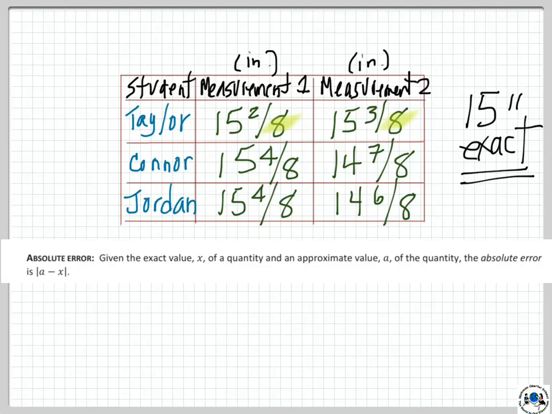Now here's absolute error again. Okay, so we can go ahead and calculate absolute errors here. Again, just to repeat, given the exact value x, which is 15 inches, and an approximate value a, and all of the values on this table are approximate values, we can calculate our absolute error for all of these scenarios by taking the absolute value of a, the approximate value, the measurements that the kids made, minus x, the exact measurement.